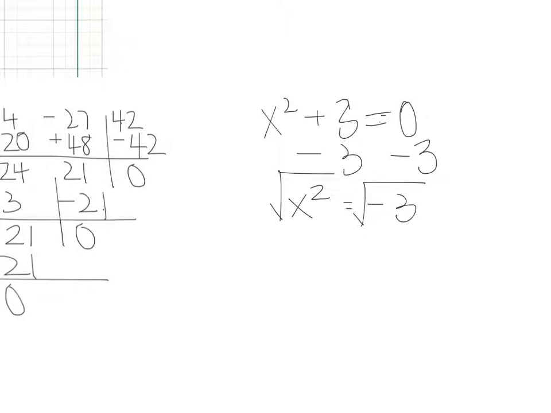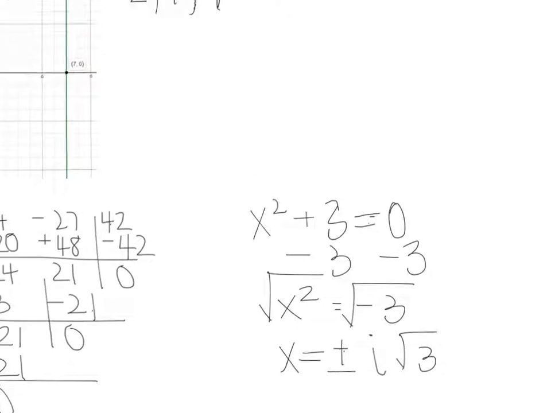We end up with x equals plus or minus... We've taken the square root of a negative number, so we have to include i. We can't simplify the square root of 3, so we end up with square root of 3. So the last two zeros we can add to our rational ones are positive and negative i radical 3.